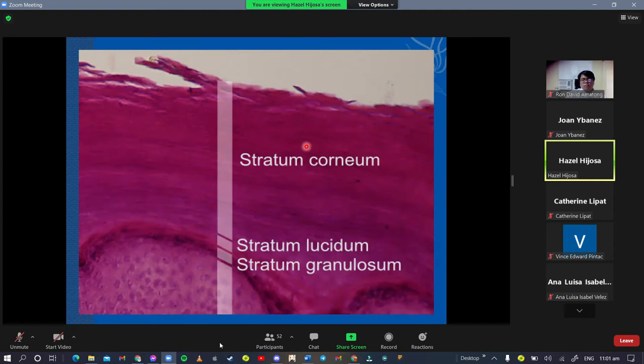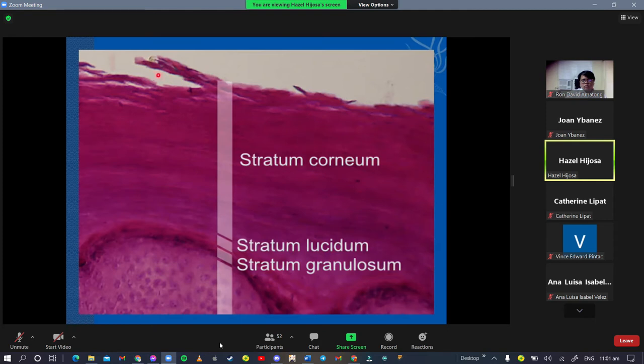So again, just like in your stratum lucidum, the cells have lost their nuclei and other cytoplasmic organelles, and the cytoplasm is filled entirely with keratin filaments of soft type. Okay. Now the cells present here have a thick plasma membrane, and it is coated with extracellular lipid, a layer of lipids that will form part of the water barrier in the epidermis.